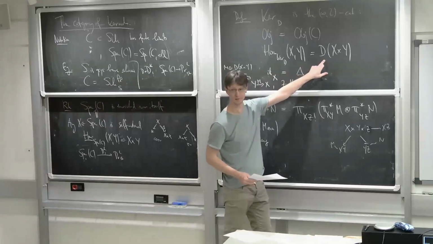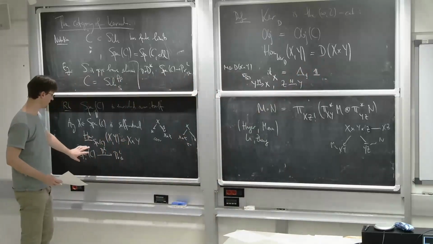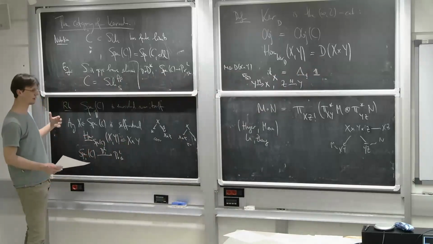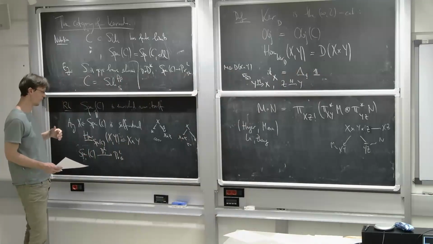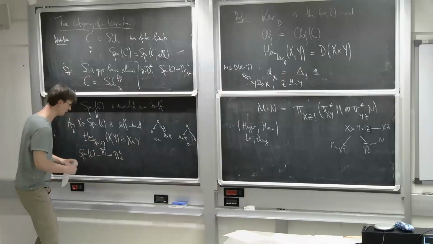So that's roughly what's going on. This category is enriched over itself, so the Homs, anima if you wish, are not just anima, but rather this category itself. And so then you have this lax symmetric monoidal functor.